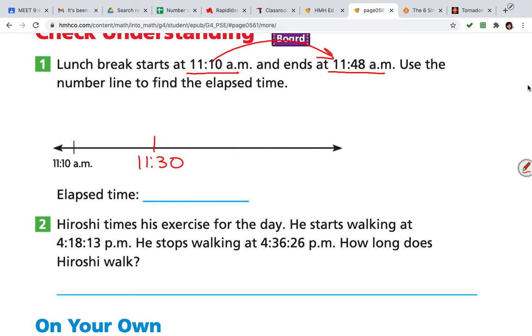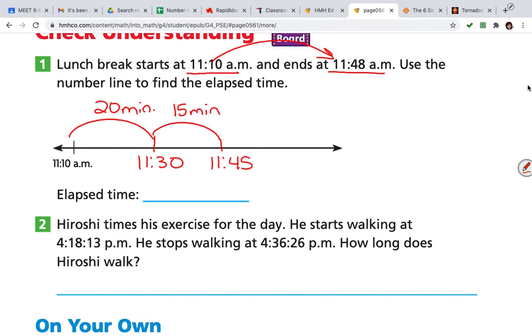So 11:10 to 11:30 is going to be 20 minutes. And then from 11:30 to, let's do another 15-minute interval. So let's do to 11:45. So that's 15 minutes. So we'll add the minutes together.